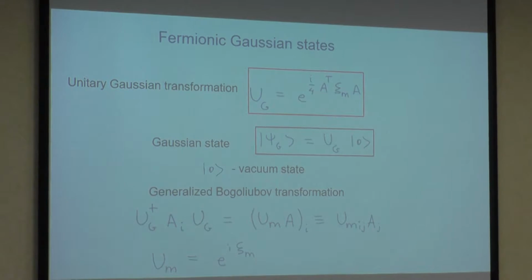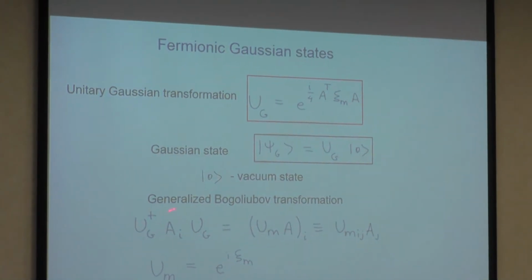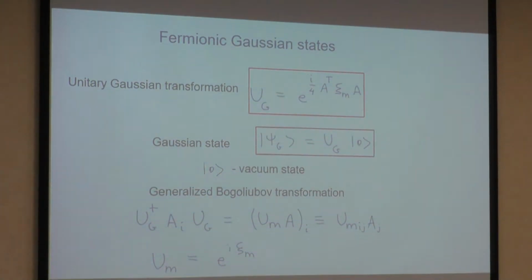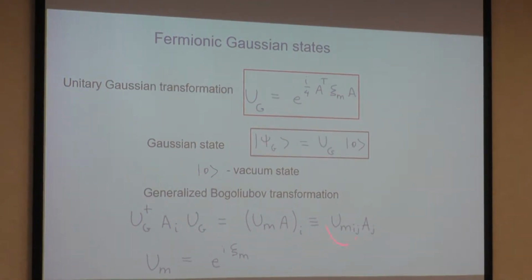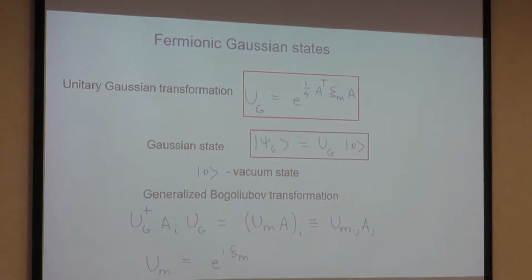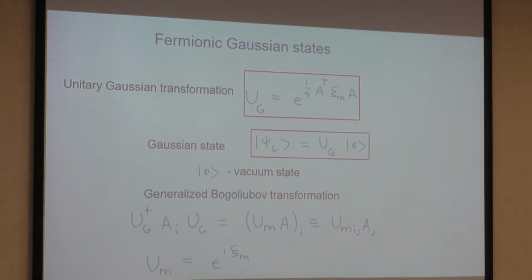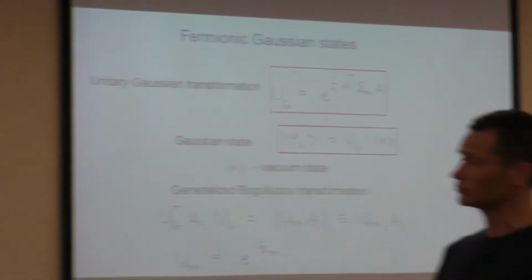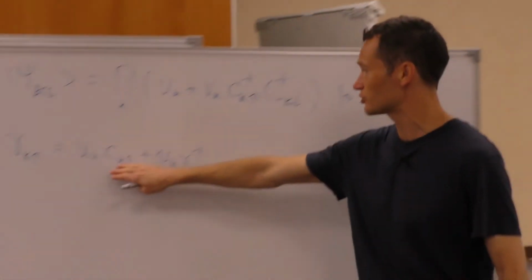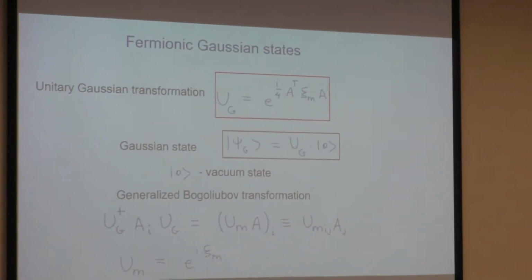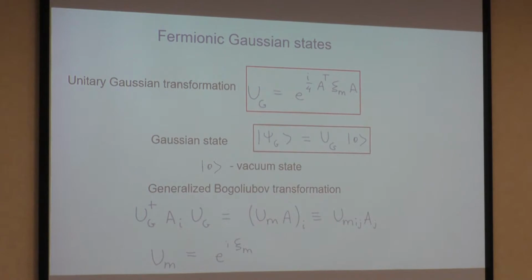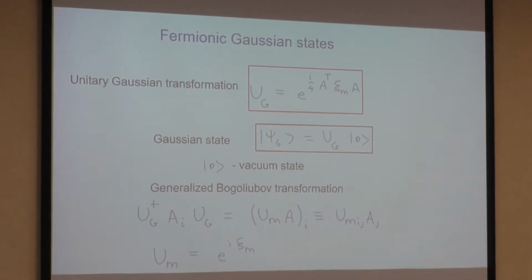So we can show that if we apply this unitary transformation on the Majorana fermions, we rotate between different components of this Majorana vector. Just like in the case of the BCS wave function, where we rotate between creation and annihilation operators, spin up and spin down, this is just a more general version of it. We can now mix different momenta, and whatever internal states we have in the problem.